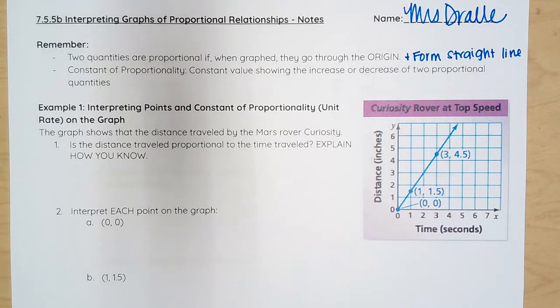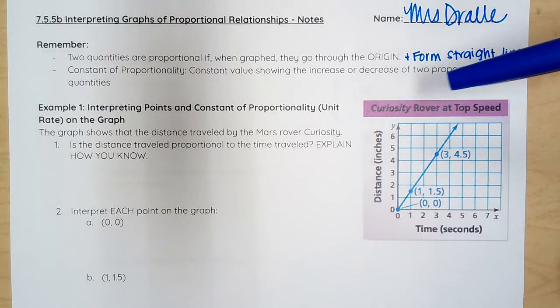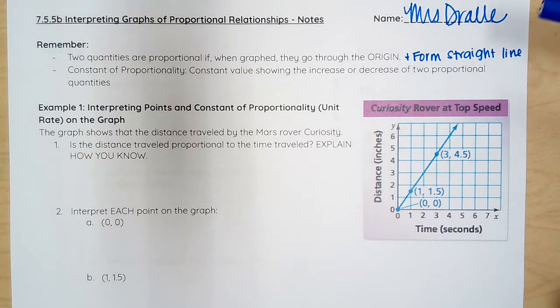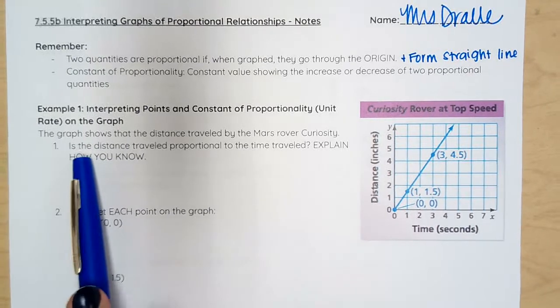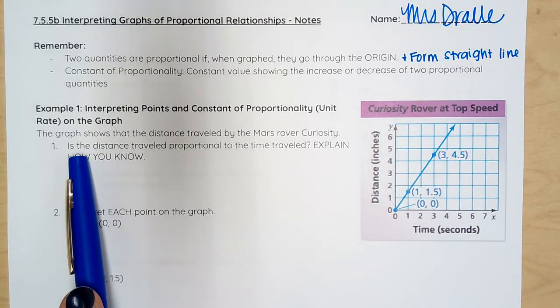It says interpreting points and constant of proportionality on the graph. So this is a graph showing the distance traveled by the Curiosity Mars rover. That's a space rover that can go on Mars. First of all, is the distance traveled proportional to the time traveled?